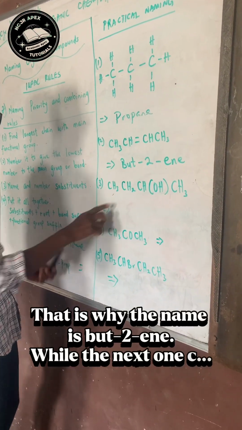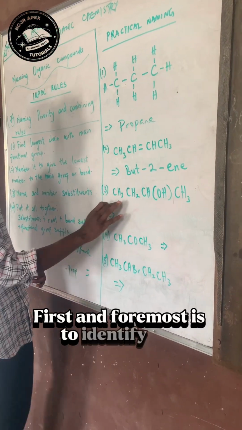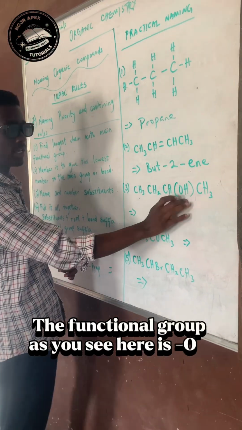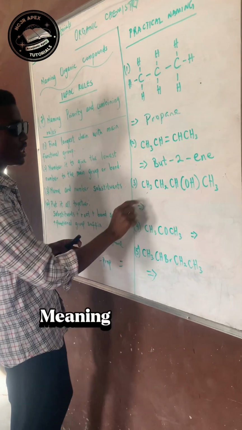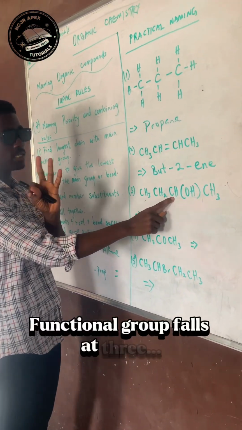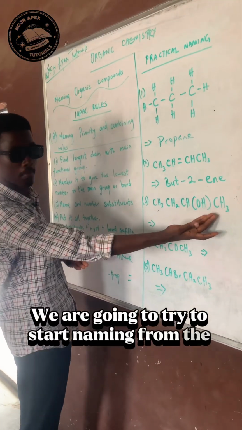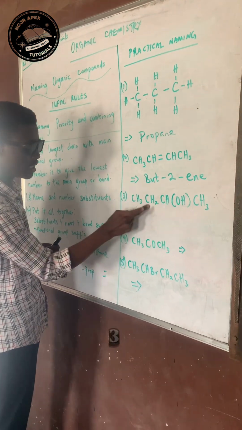The next one, CH3, like this. First and foremost is to identify the functional group. The functional group, as we see here, is OH. So we start naming from the functional group. If we start from here, 1, 2, 3, the functional group falls at 3, but that's not favorable. So we try to start naming from the back: 1, 2, 3, 4.